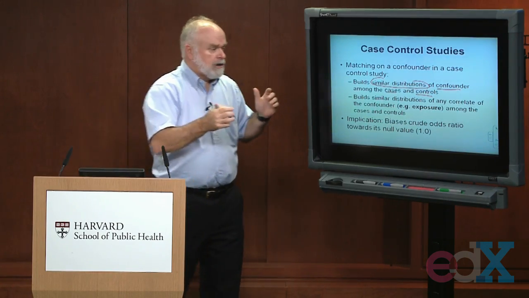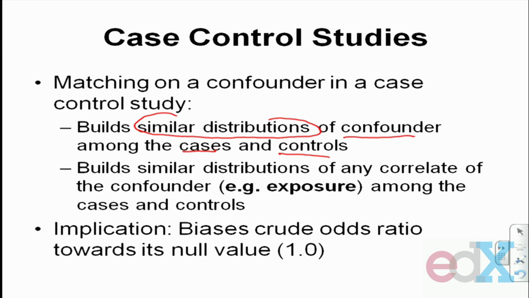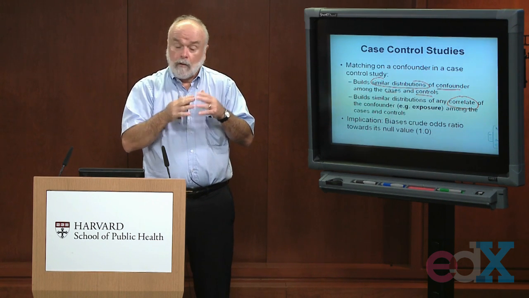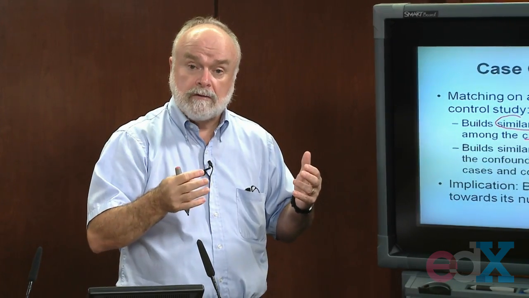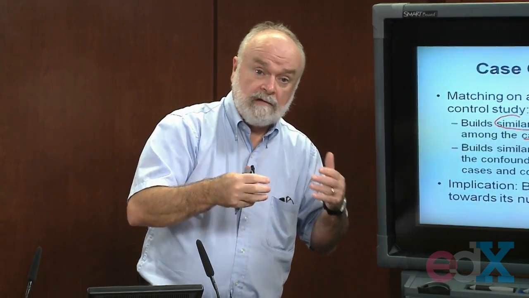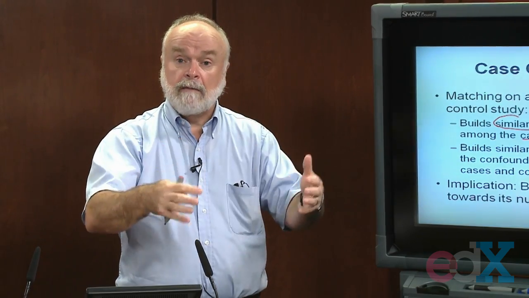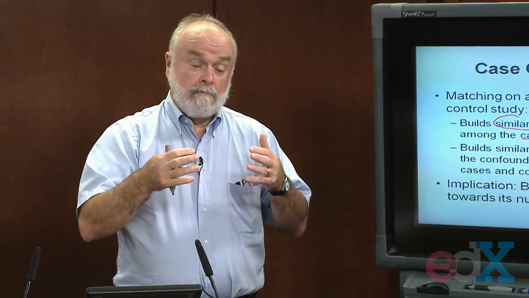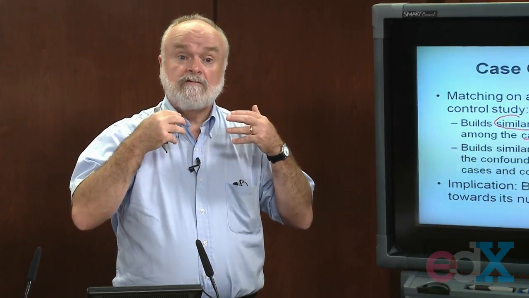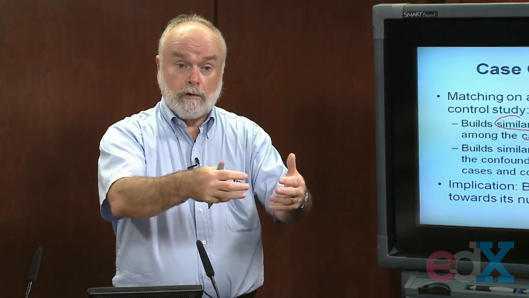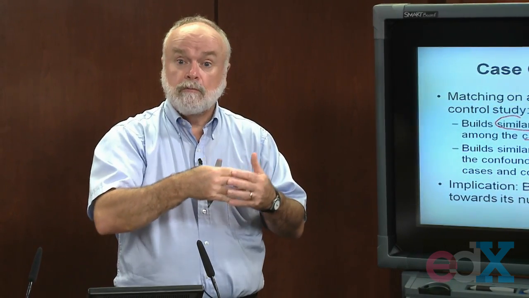Well, if they look just like the cases with respect to age, they're going to look just like the cases with respect to any other factor that's correlated with age. So let's suppose smoking is highly correlated with age. Older people, say, smoke and younger people don't. When I look at my cases and controls and see they have the same age distribution, they may well have the same distribution of smoking, because older age brings with it into the controls more smokers.